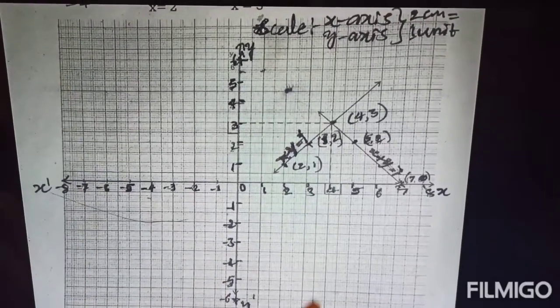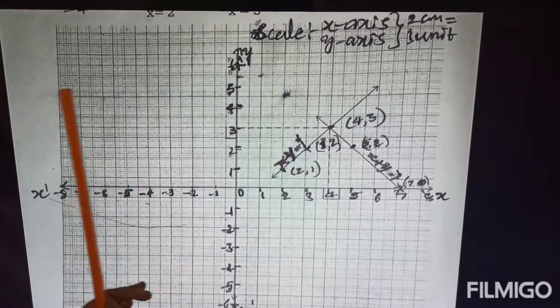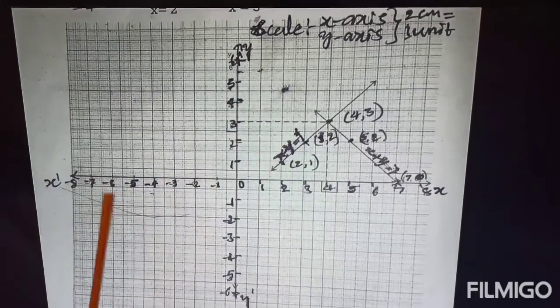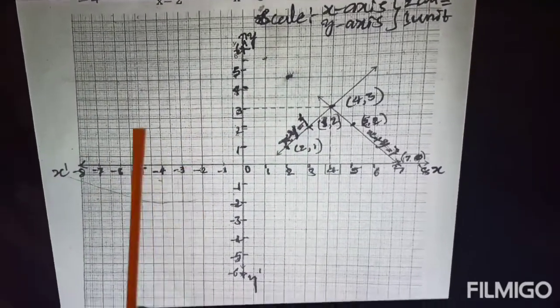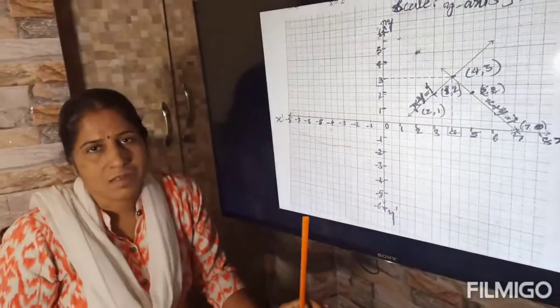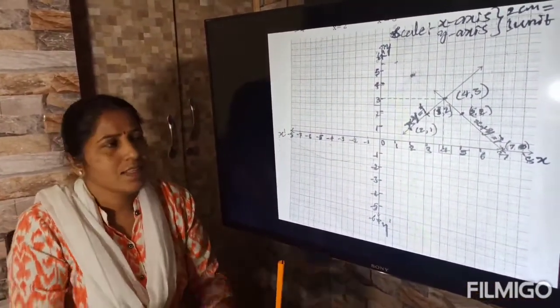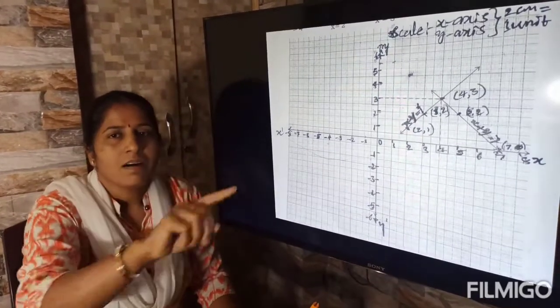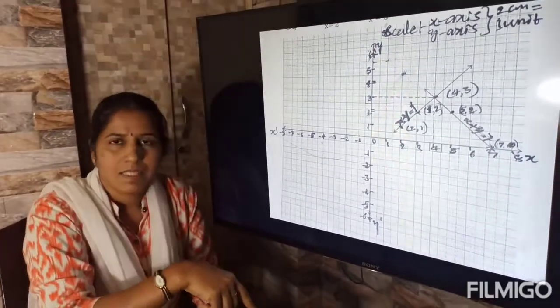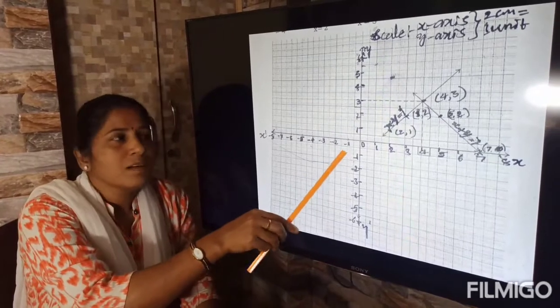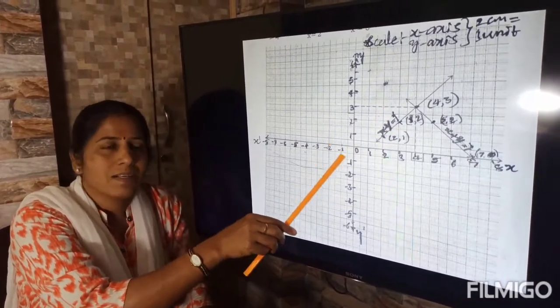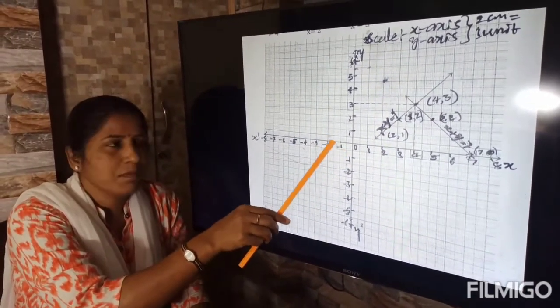This is the basic method for the graph. For every graph, this much you have to do first. Okay, it is compulsory. It's very easy. Just draw one horizontal line and one vertical line. Both intersect each other, and that is 0, the origin.